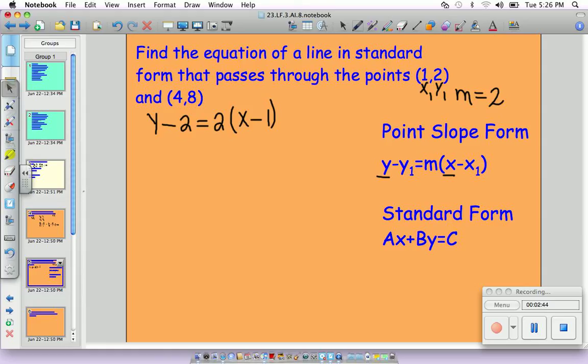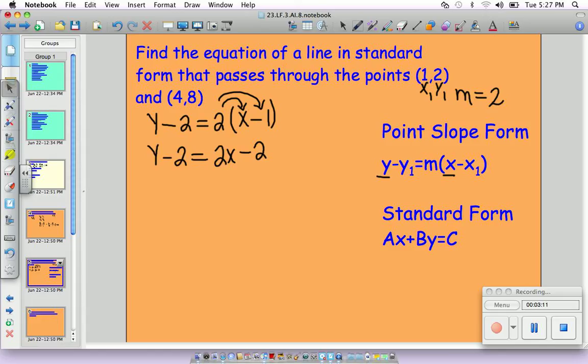Now I want to simplify this formula. My job now is to rearrange it so that it's in this order. To do that, I'm going to use the distributive property. So I have y minus 2 equals 2x minus 2. Now my goal is to get the variables on the left side, the constants on the right.